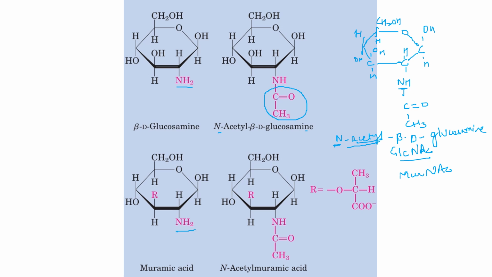There is an amino group at the C2, and this is muramic acid actually, and at the C3 there is the presence of lactic acid. So this is muramic acid, and when this NH group is acetylated, it is called N-acetyl muramic acid, in short MurNAc. MurNAc is also a component of the peptidoglycan.